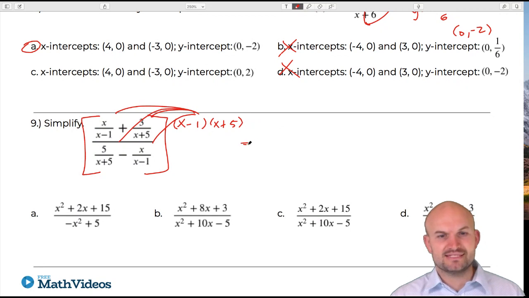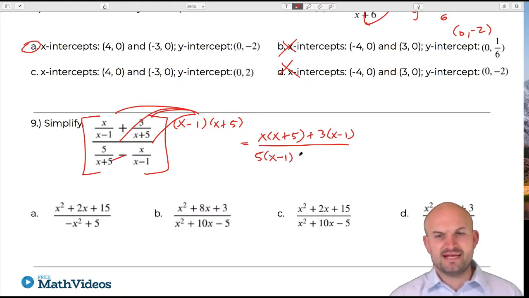And by doing that, the x minus 1s here divide out. So that's going to leave me with an x times x plus 5. Here, the x plus 5s divide out, leave me with a positive 3 times x minus 1. All over, here, the x plus 5 divide out. X plus 5, x plus 6, leave me with a 5 times x minus 1. And then minus x minus 1s divide out, leave me with a x times x minus 1.